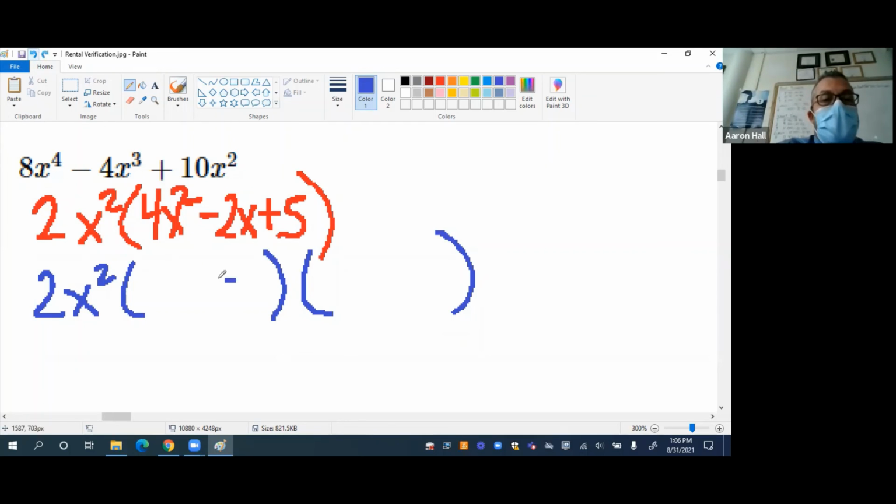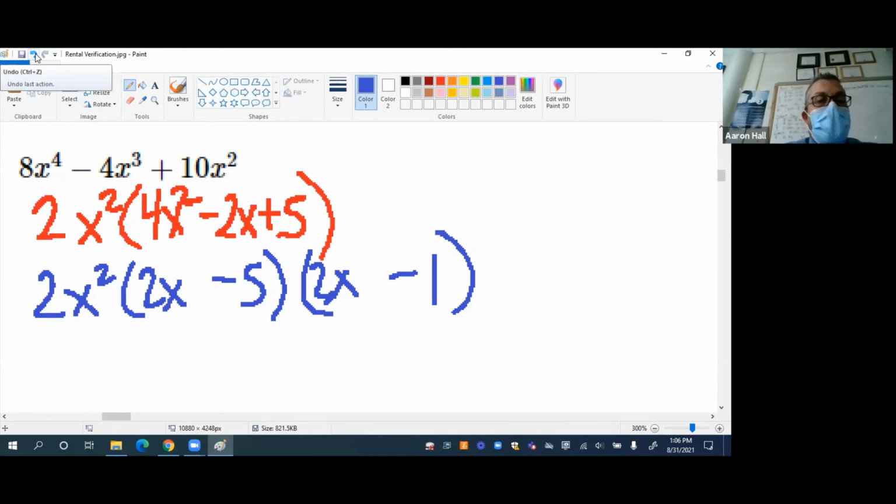So this has to be -5 and -1 or -1, -5. Those are the only choices. And the other choice can either be 2x and 2x or 4x and 1. I can't seem to get it either. I tried it many different ways. It doesn't seem to work.